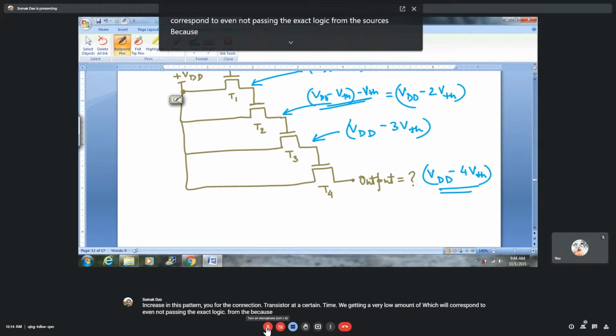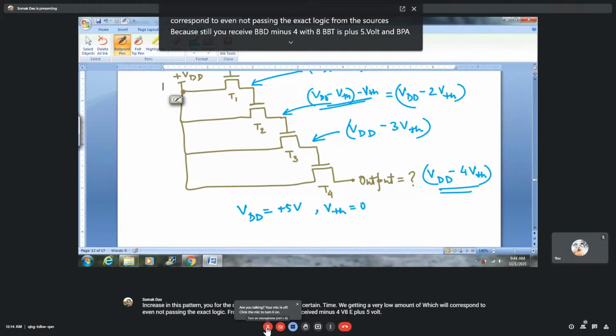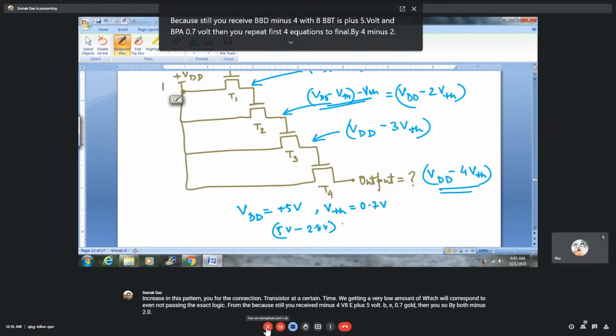Because still you receive VDD minus 4 VTH. If VDD is plus 5 volts and VTH is 0.7 volts, then what do you receive? 4 VTH means 2.8 volts. So it is 5 volts minus 2.8 volts equals 2.2 volts.